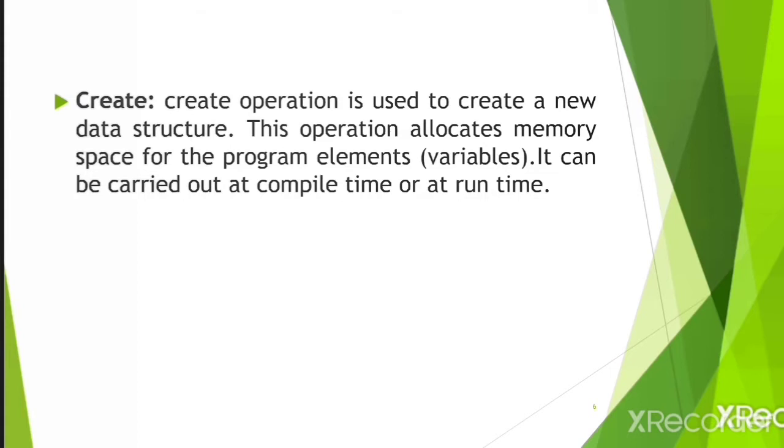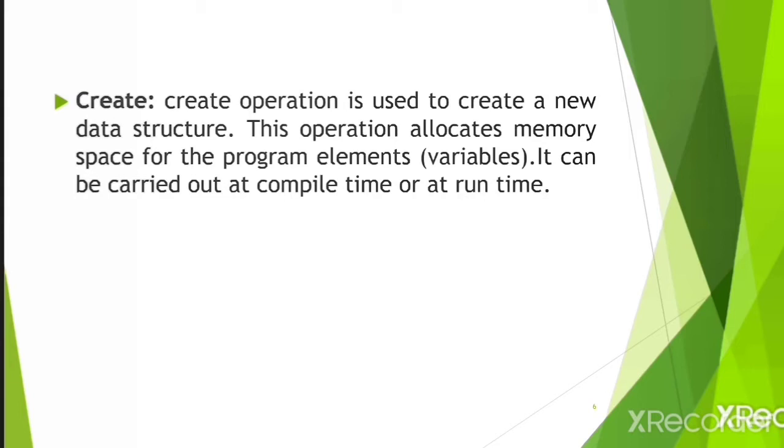Compile time and runtime, what are they? See, if I want to take a class for all of you, I need a classroom with a set of chairs, right? To accommodate all of you, I need a set of tables and chairs, right? If there are 53 students in my class, I require 53 chairs to take a class.